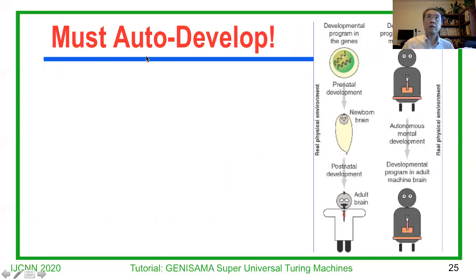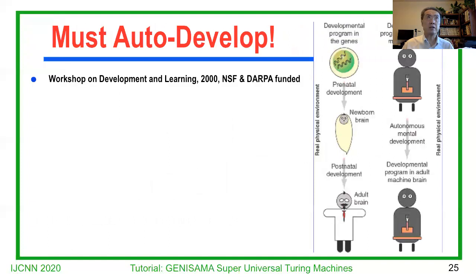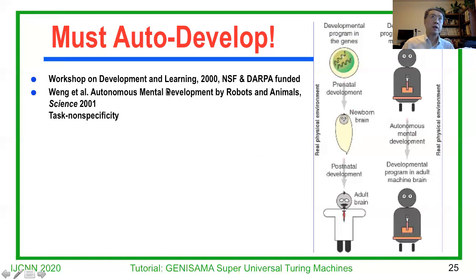So the idea is that we cannot have a fixed task. So we started with a workshop on development learning in 2000, and then after the workshop at Michigan State University, we taught 6 courses with me, and we published a policy forum piece in Science.